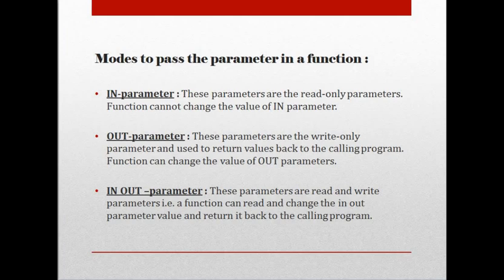These are write-only parameters used to return a value back to the calling program. Function cannot read the value of OUT parameters. IN OUT parameters. These are read and write parameters, that is, the function can read and change the IN OUT parameter's value and return it back to the calling program.